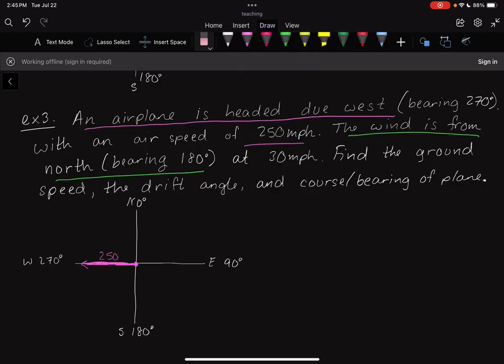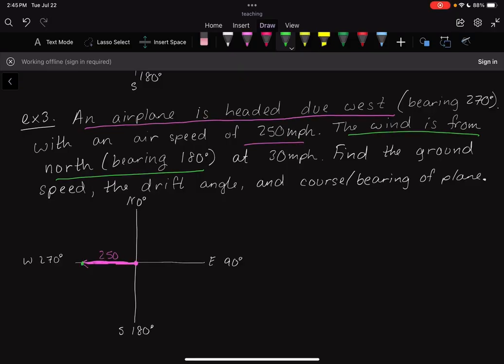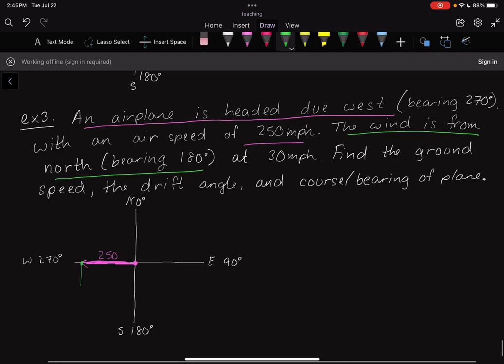Usually with vectors, we would start at the tail of our last vector and we would say it's only 30 miles per hour, so it's not very long. So I'm just going to draw it not very long. And just a reminder, it's coming from the north, so that's why I'm drawing it downwards like this, bearing 180 degrees.